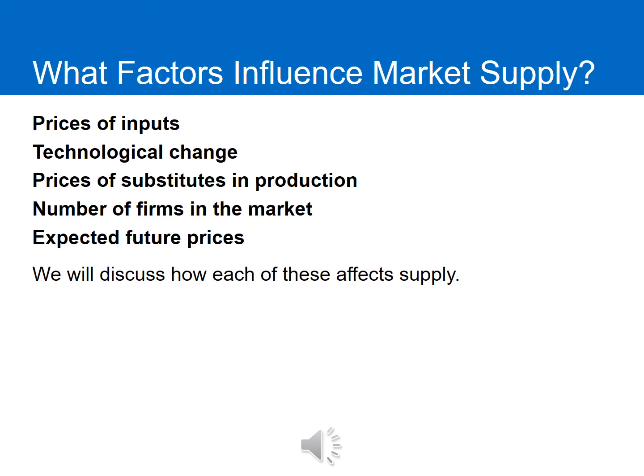We have the prices of inputs, technological change, the prices of substitutes in production, the number of firms in the market, and expected future prices. The ways in which these affect supply is similar to how the variables that influence the market demand influence demand. Obviously, these are different variables themselves, but it's the same basic idea, same basic concepts.